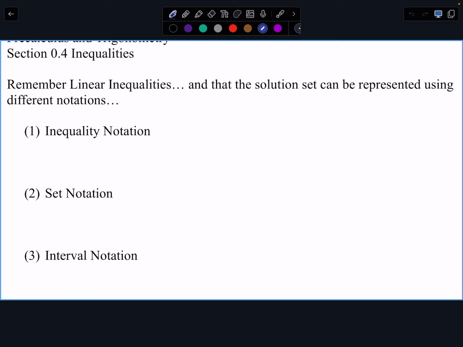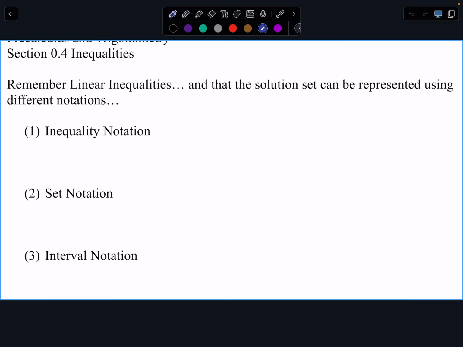And then we'll also get into how those compound inequalities can be represented, and thinking about intersections of intervals or unions of intervals and what that means.